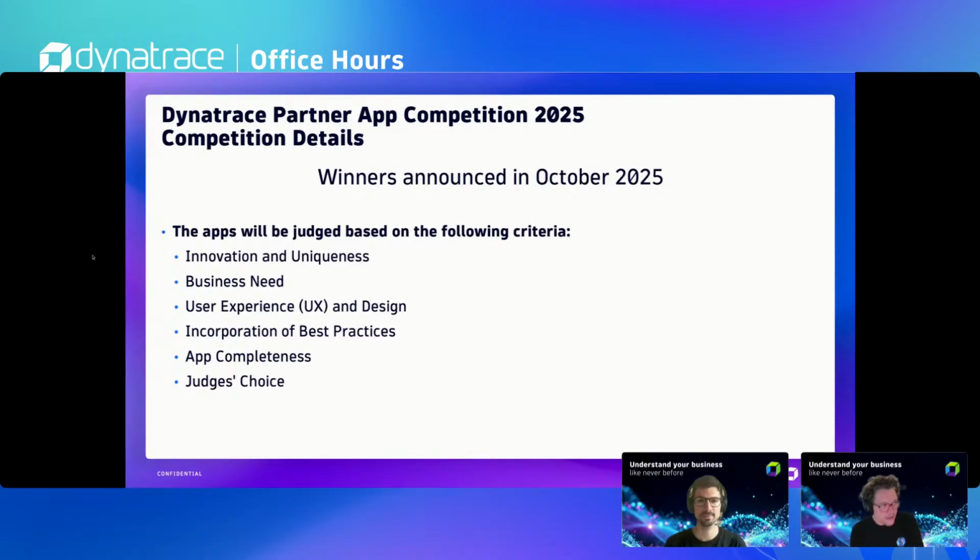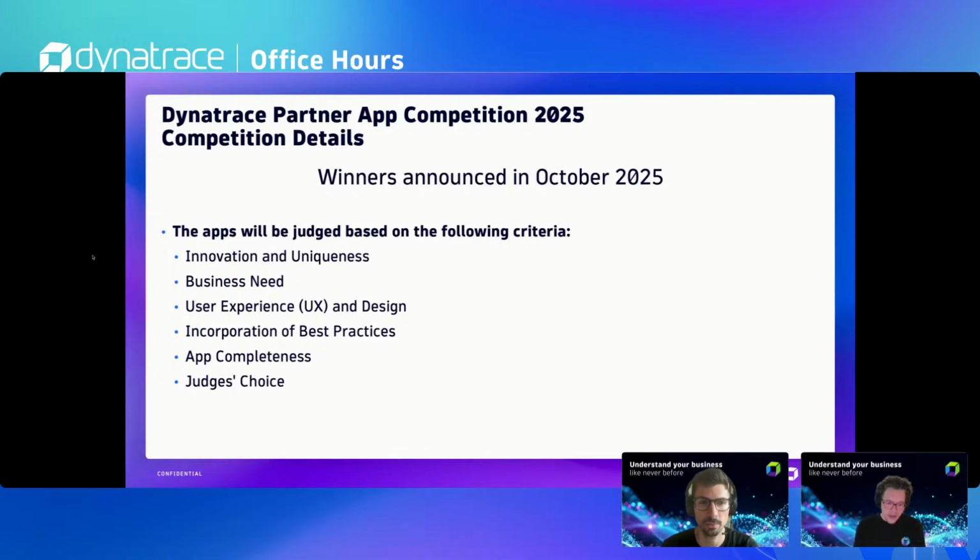The different apps that we will receive will be judged on a couple of different criteria. On one hand, innovation and uniqueness of the app, the business need that it solves, how critical it is, and how impactful, so to say. Overall, the user experience and design of the application. Also, how well best practices are incorporated.